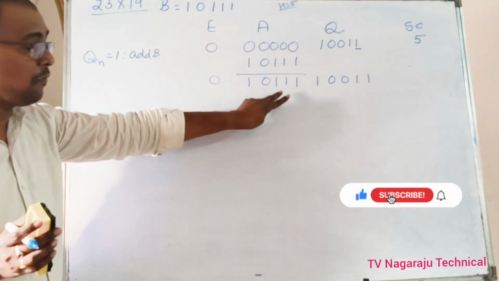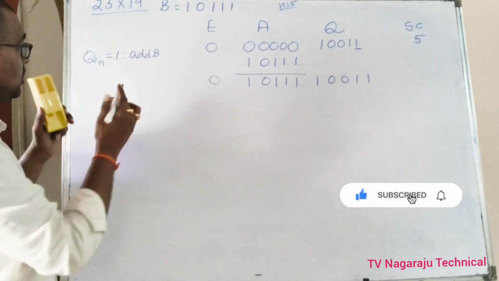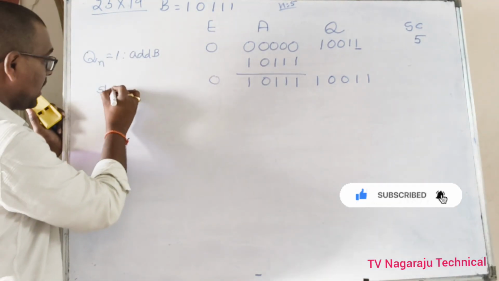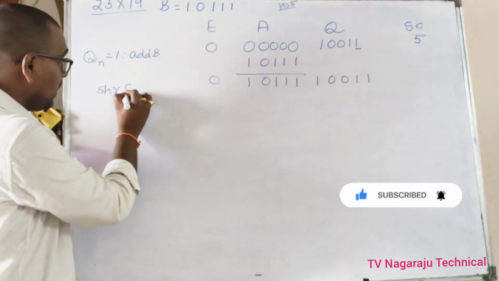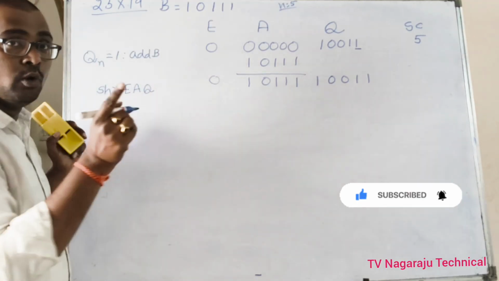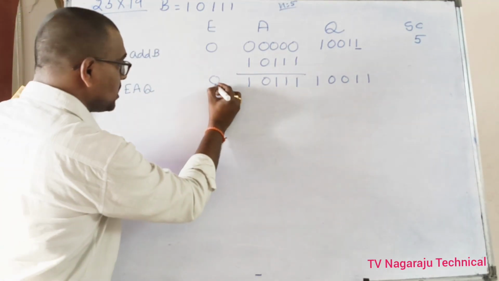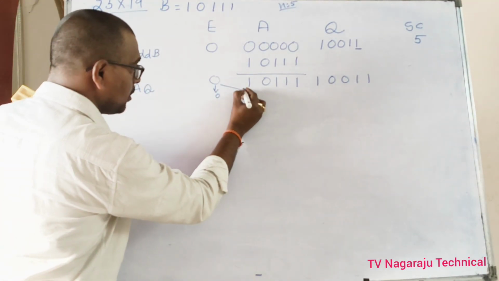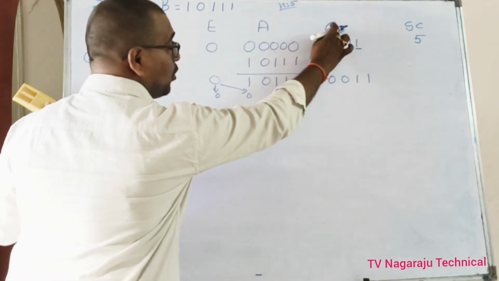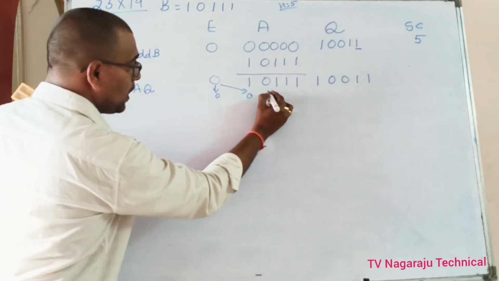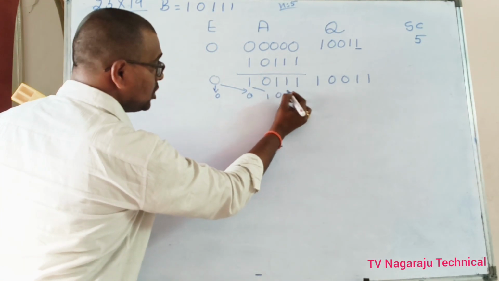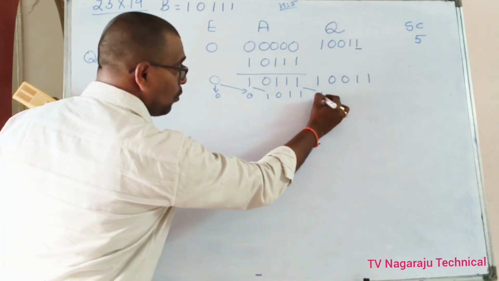After adding, perform the shift right operation on EAQ. You already know the shift right operation. Simply 0, I have said EAQ for the entire shift. Now this one, 10111.